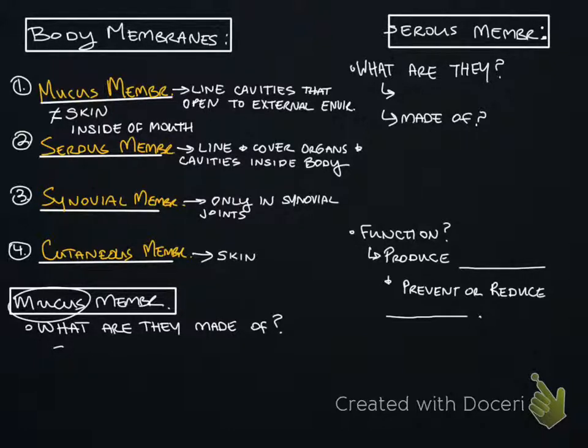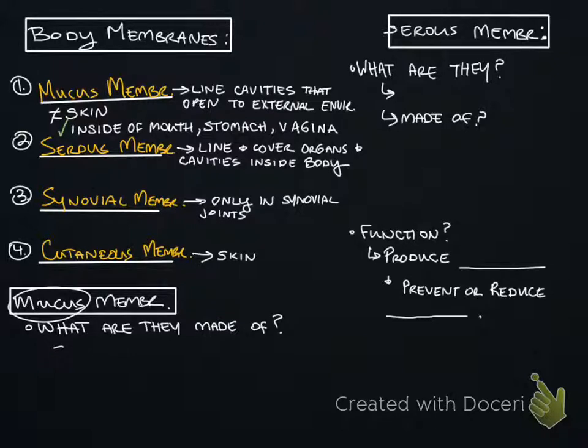Yes. That is considered a mucous membrane. Also, the inside of the stomach, and for example, the lining of the vagina would also be considered a mucous membrane. Okay? So we'll talk a little bit more about that in a second.